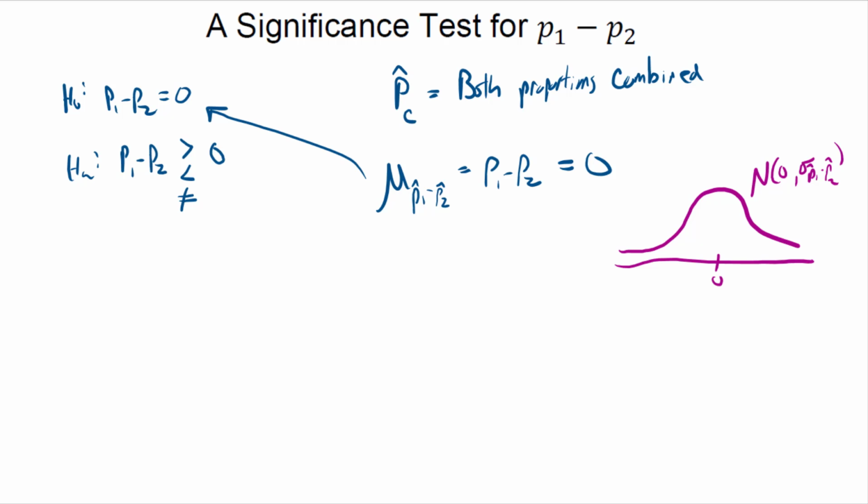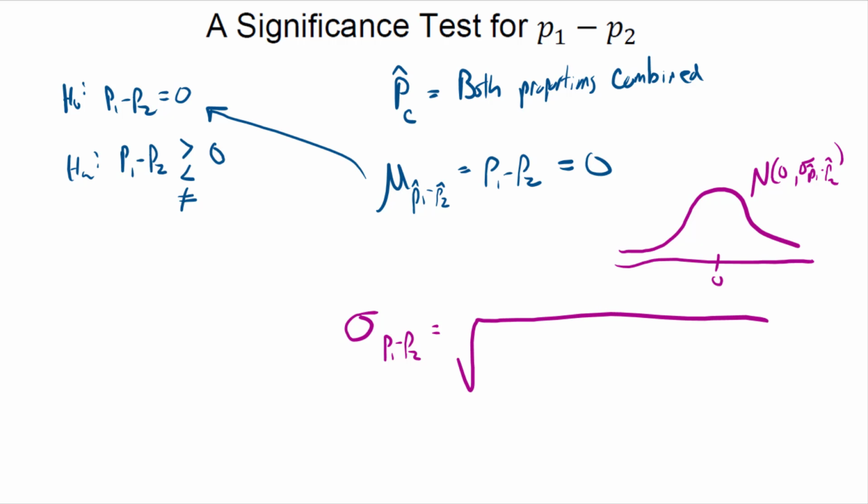Again, to calculate your standard deviation for this difference, remember, you cannot just use p1 and p2 in there like we did for our confidence intervals. To calculate the standard deviation of the difference in proportions for a significance test, because it equals 0, you have to use your combined proportions.